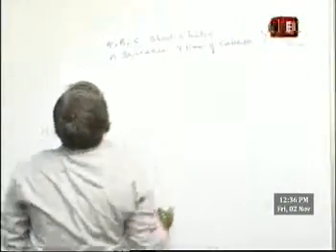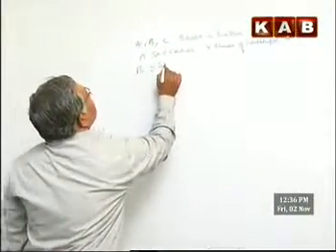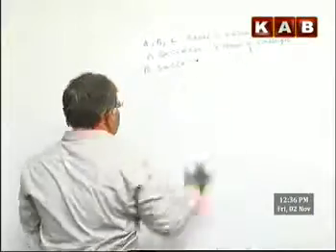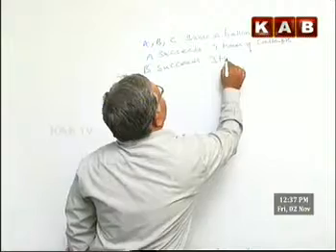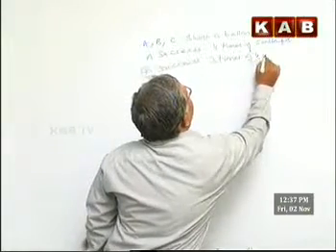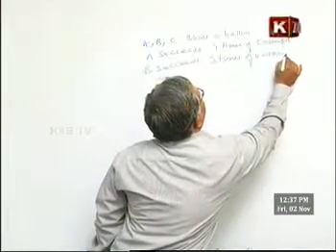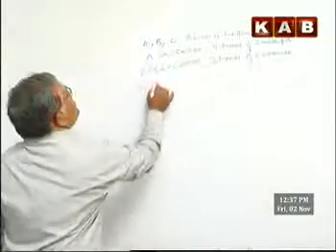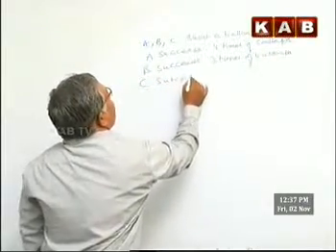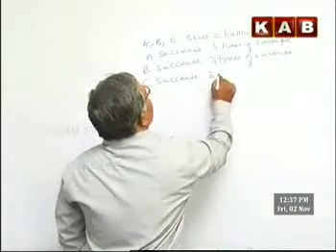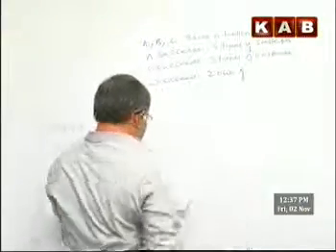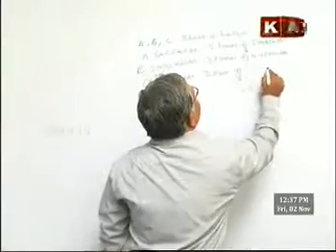B succeeds 3 times out of 4 attempts. C succeeds 2 out of 3 attempts.